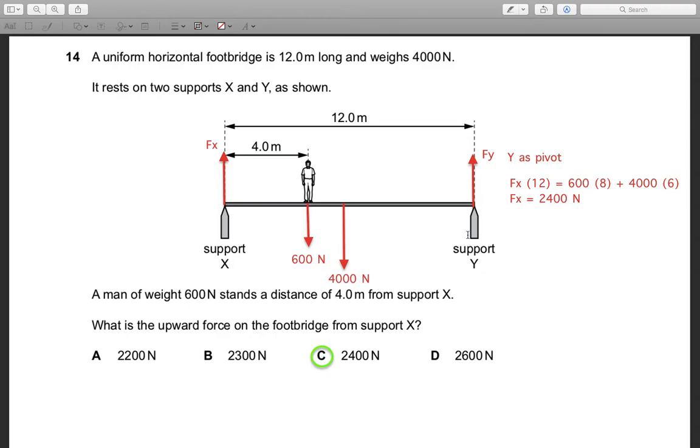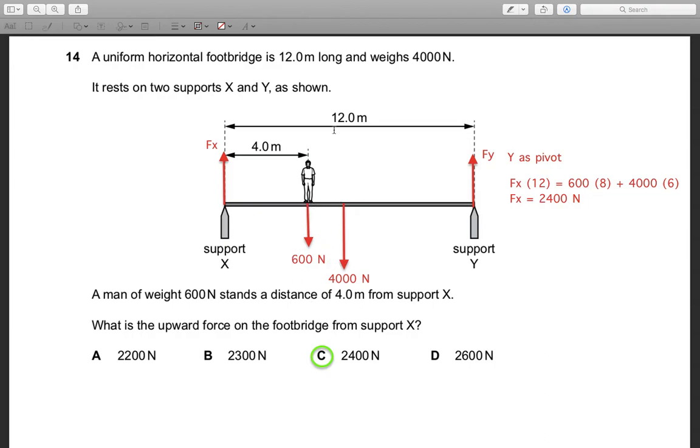So if we use Y as the pivot, the point about which all these forces work, anti-clockwise or clockwise, we see that Fx at distance 12 meter from support Y equals 600 times 8.